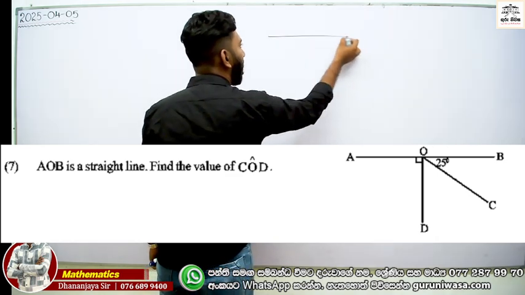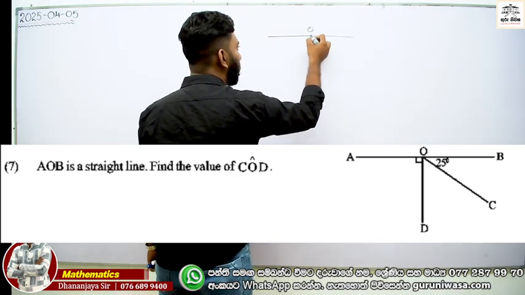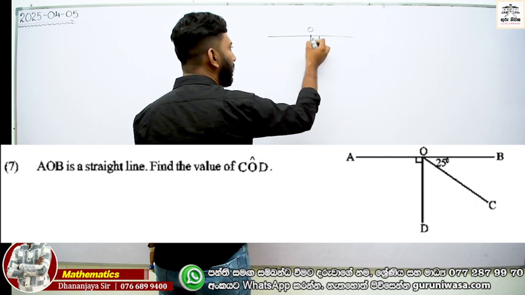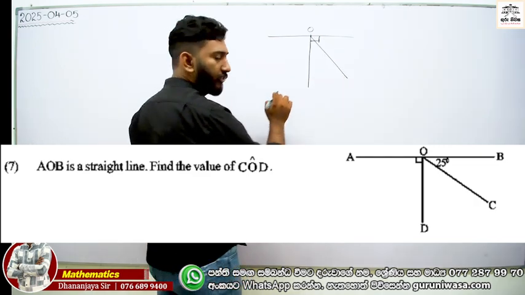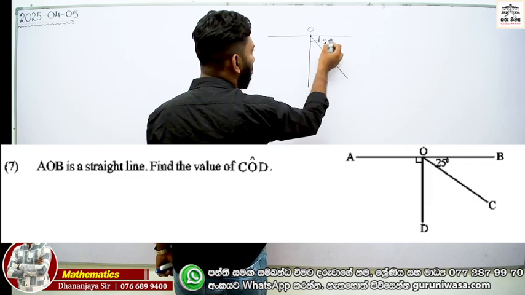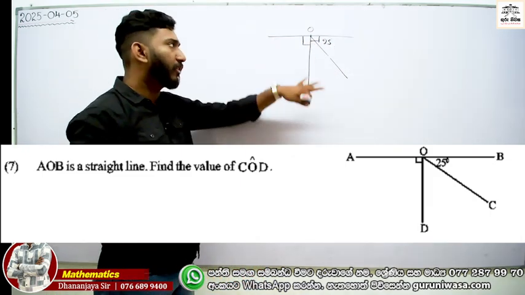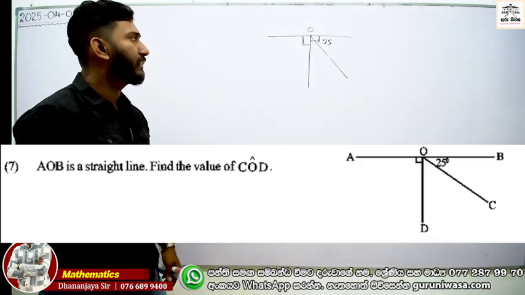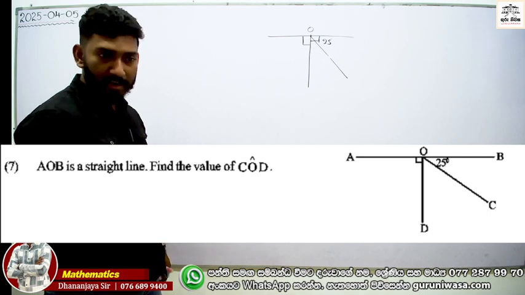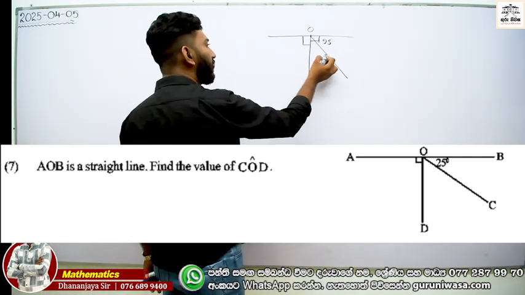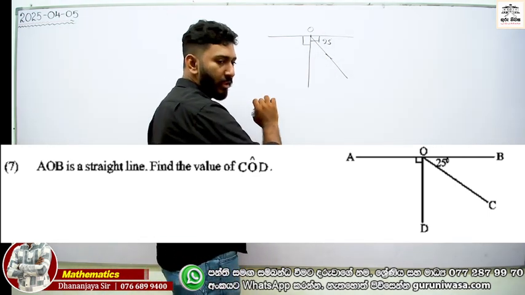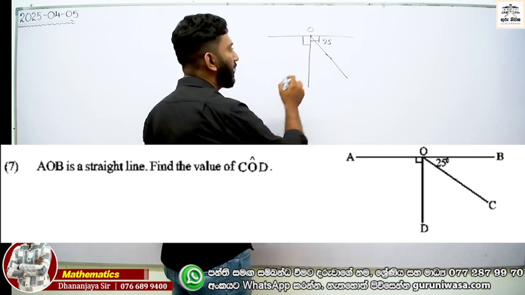This is a straight line, and the middle one, this one becomes 90 degrees, and this one is 25. Because if we have 90 degrees here, the next one is also 90, because 90 and 90 become 180. And here is 25 degrees. Then find the angle COD here.